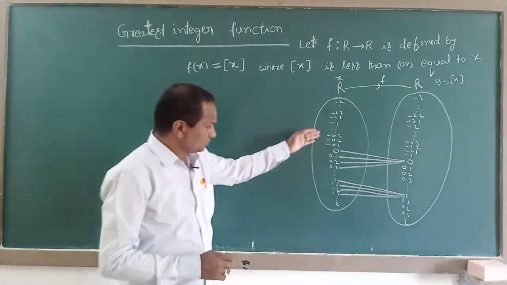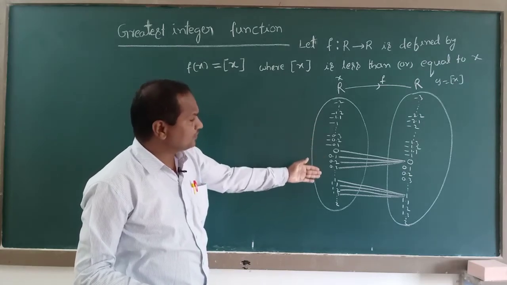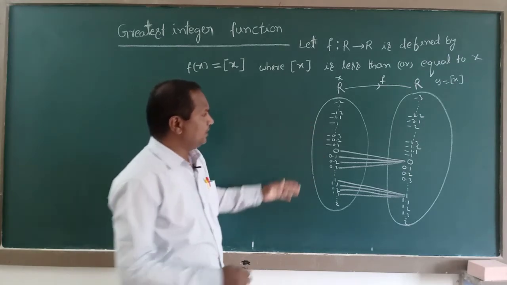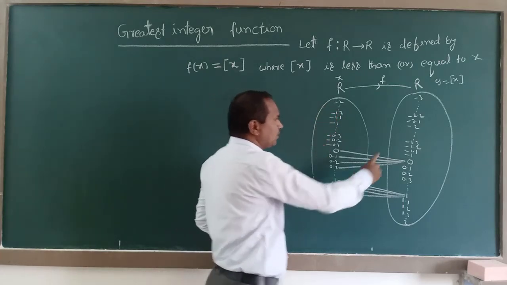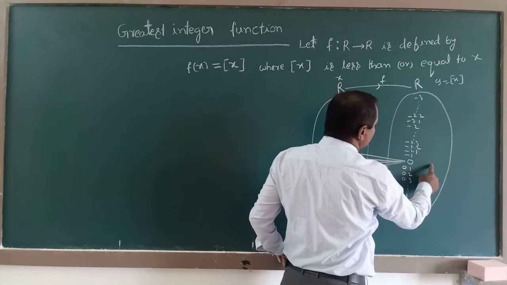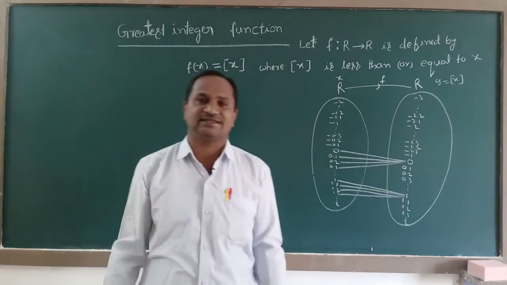See, if we draw arrow marks like this, we can tell the domain is the set of all real numbers, the codomain is the set of all real numbers, but the range is the set of all integers.